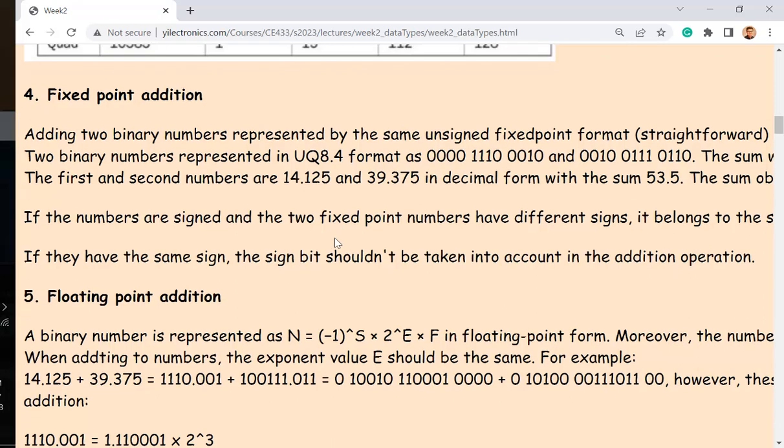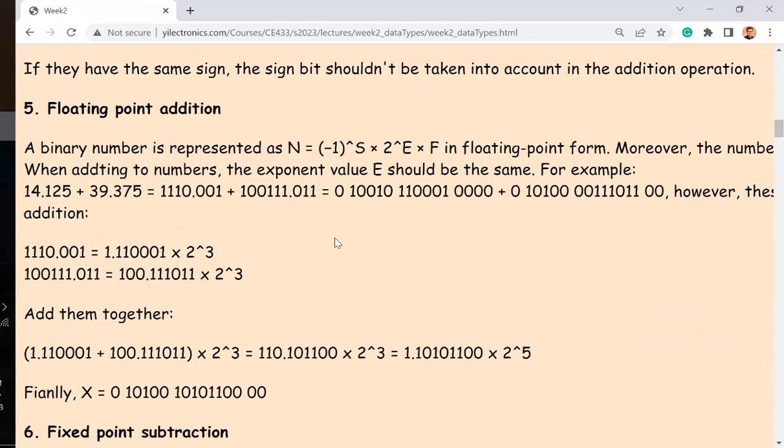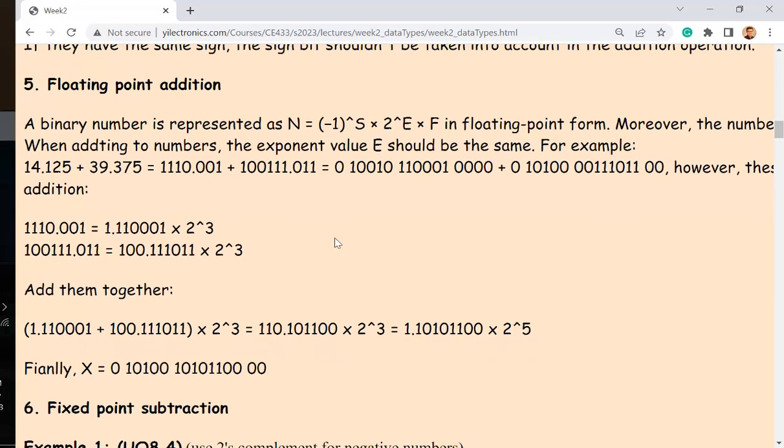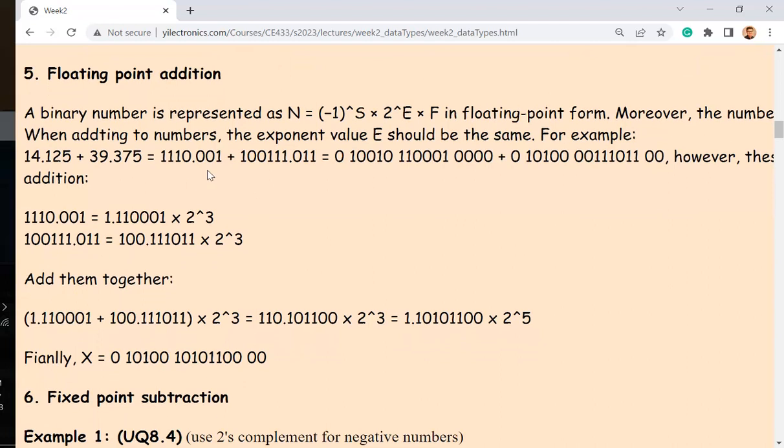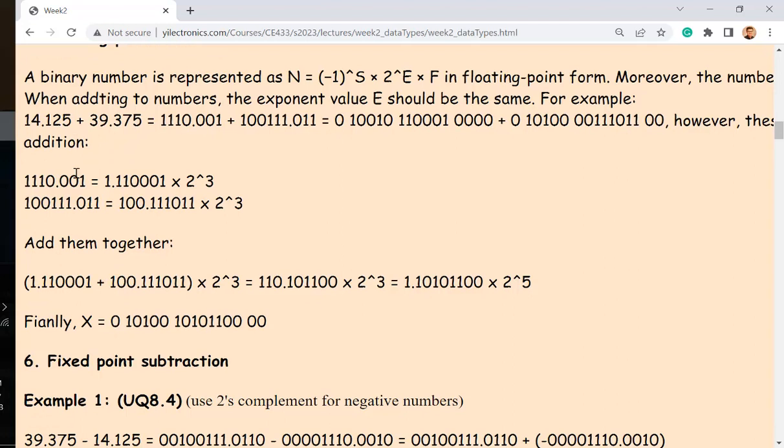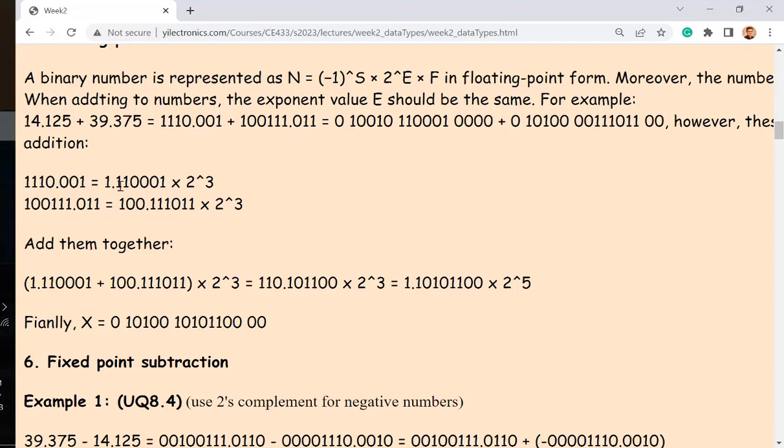So the addition is straightforward. For floating point addition, you need to be aware of how to do additions for them. The rule of thumb here is you have to have the same exponent first before you do the additions. You don't want to convert them into 1 point something for the 2 numbers, since they have different numbers of digits for the integers.